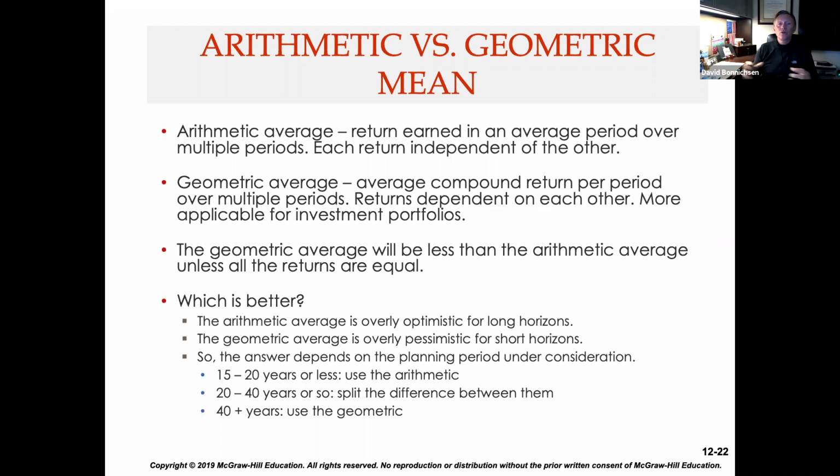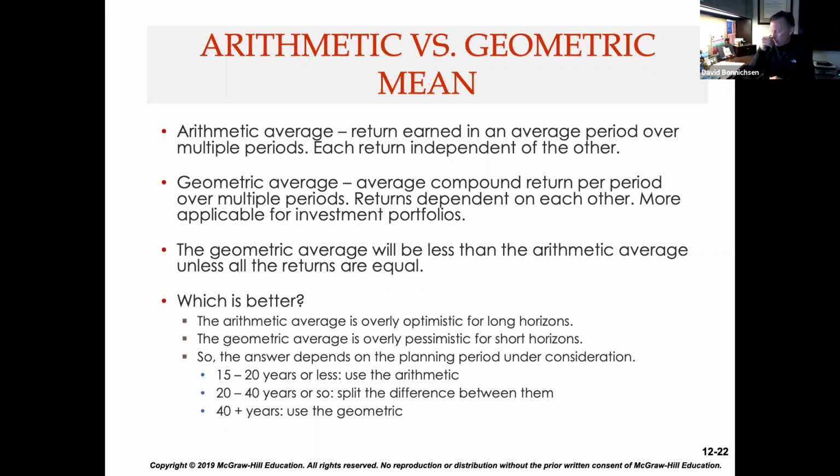So the returns are dependent upon one another within a geometric average calculation. And that tends to be more applicable for investment portfolios, because we care what companies do from 1 year to the next, how decisions that companies made last year are going to influence the returns this year. So we do care about that dependency year over year.